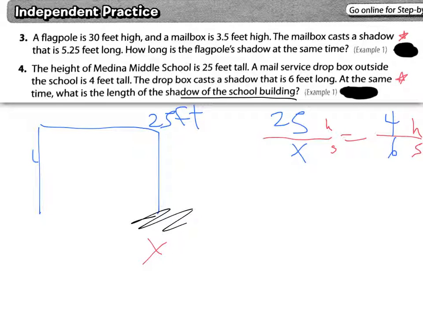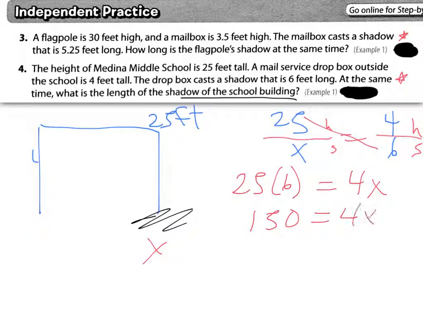Now we can do cross multiplication. So 6 times 25 equals 4 times x. I normally do it the other way. 25 times 6 is 150 equals 4x.